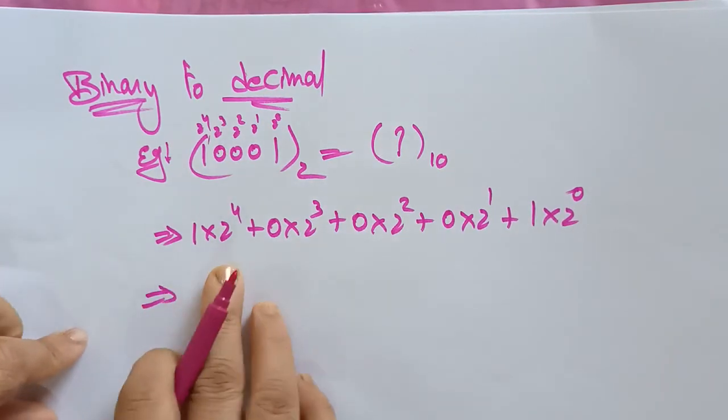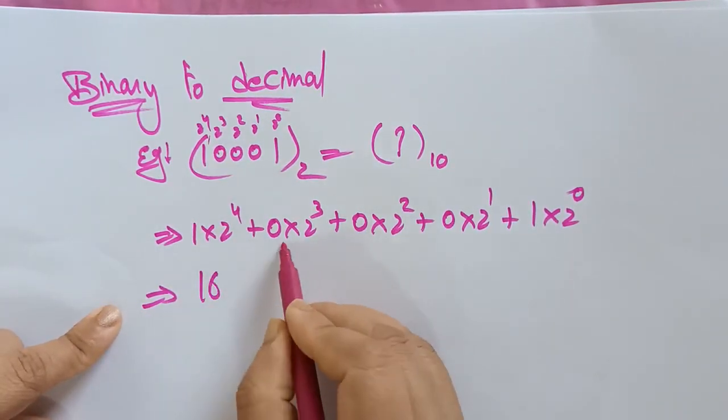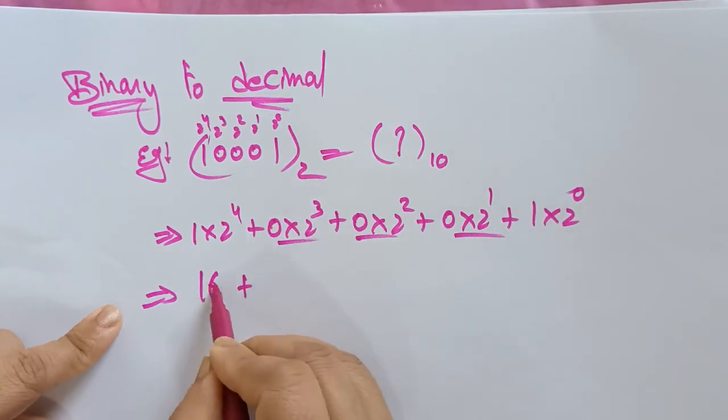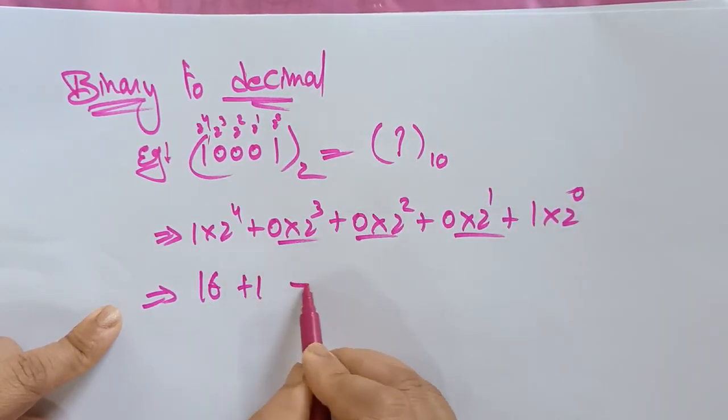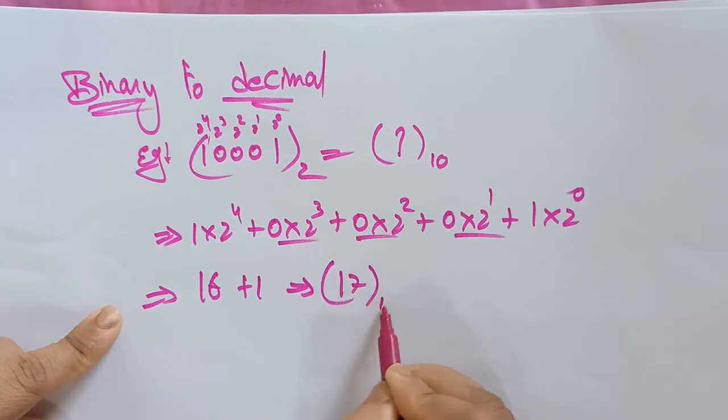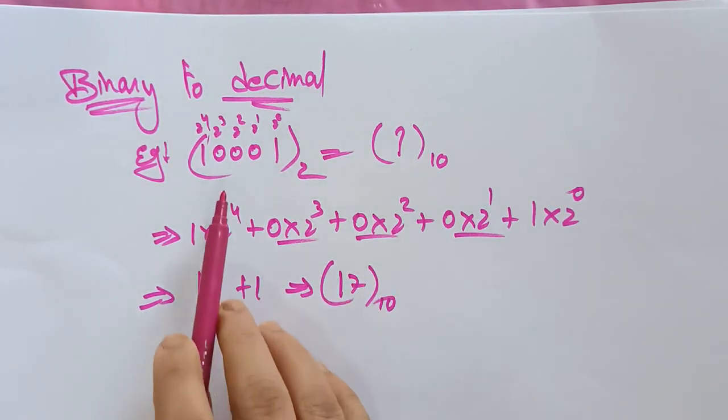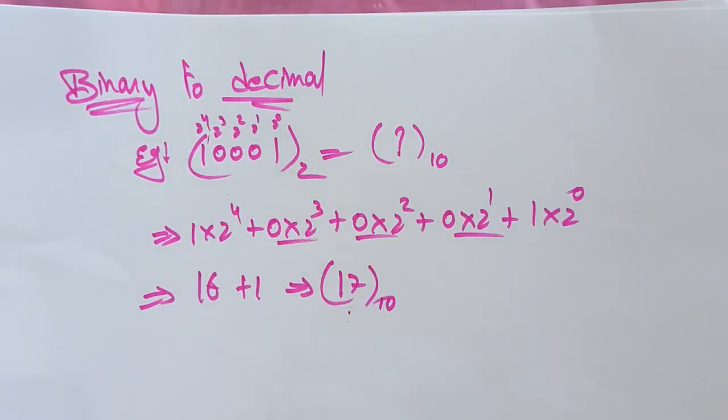So 2 power 4 is 16, the zeros contribute nothing, and 2 power 0 is 1, so 1 into 1 is 1. So you get 17.